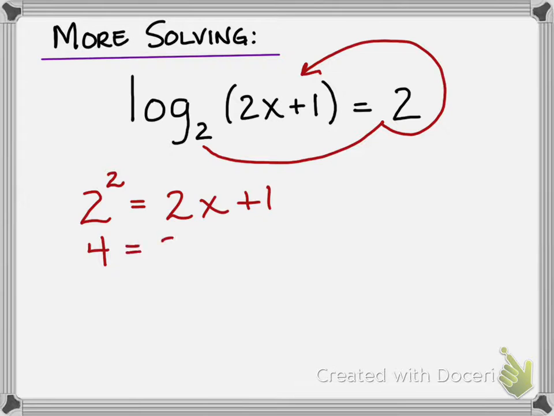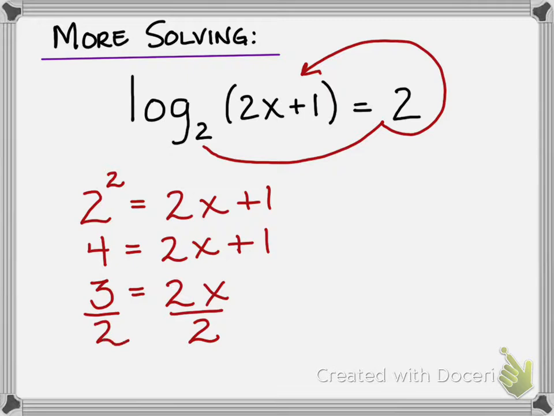Simplify. I'm going to solve for x by doing what? Subtracting 1 on both sides. And then in order to isolate the x, I would divide by 2. So the answer is x equals 3/2.